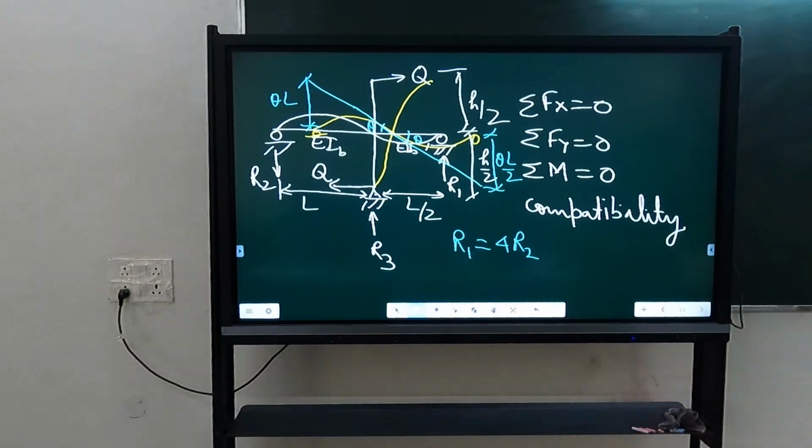R1 will be 8 R2 if displacement was same. Displacement is not same, it is theta. So for theta and displacement, reaction should be R2.